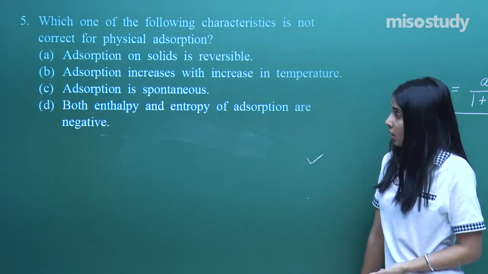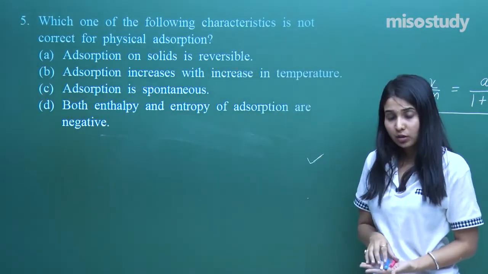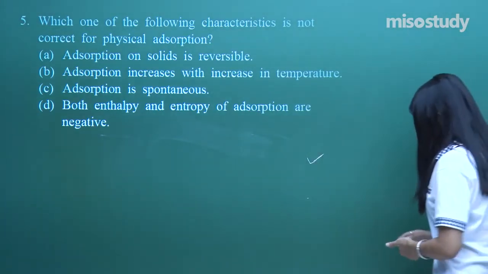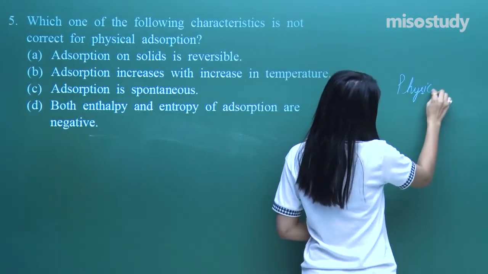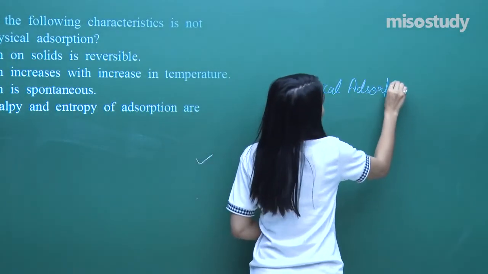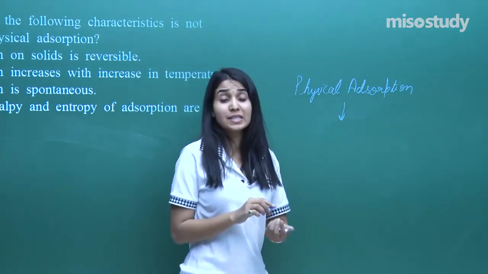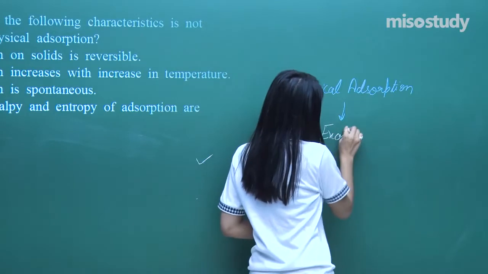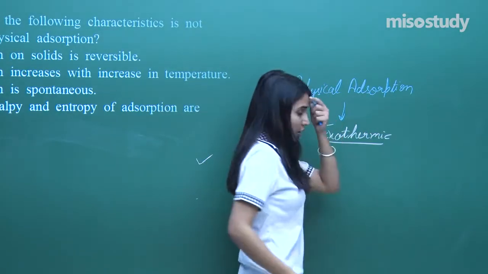Now I know this is talking about physical adsorption, right? First thing about physical adsorption, what have I been doing over and again? Whenever the term physical adsorption comes, that means I talk about an exothermic process.